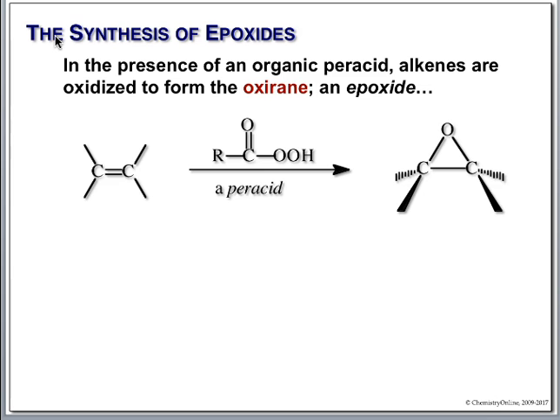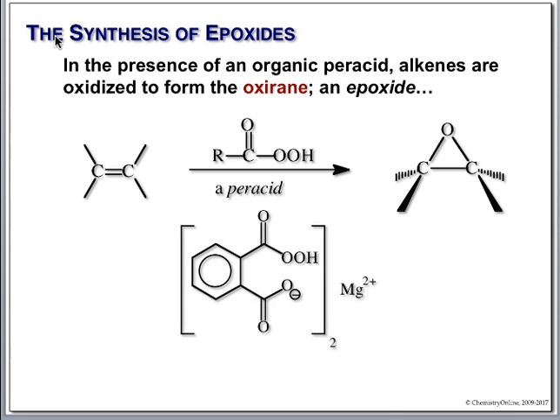The peracid of choice these days, you can still use stuff like peracetic acid. Yeah, that's fine, that works. A really nice one though is what's known as MMPP, magnesium monoperoxyphthalate. If this were just acids on both sides, this would be phthalic acid.